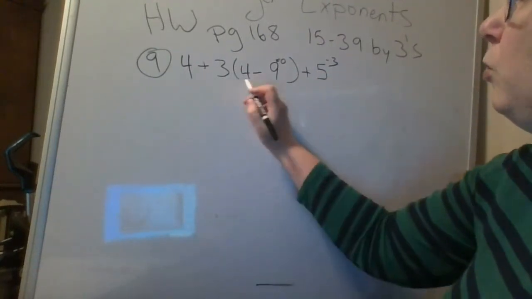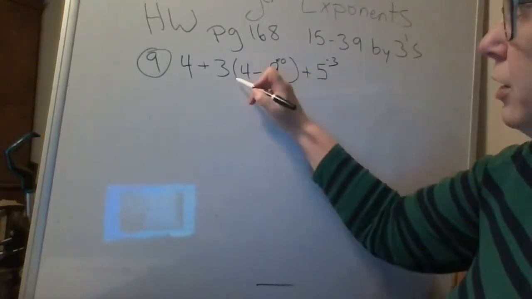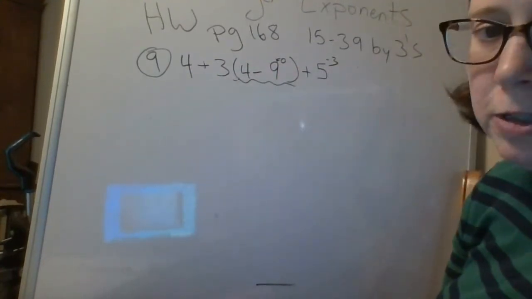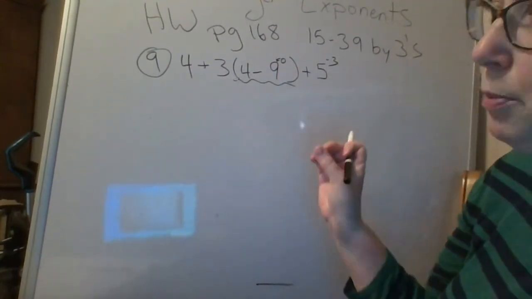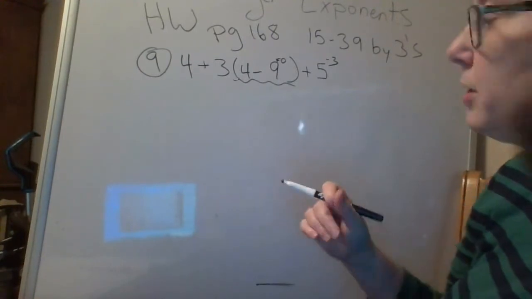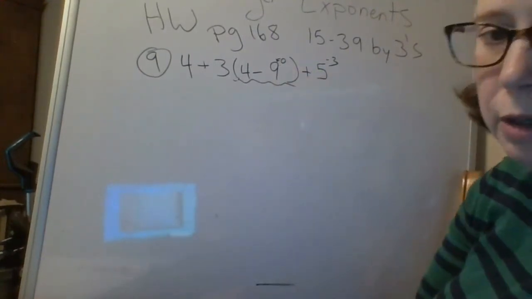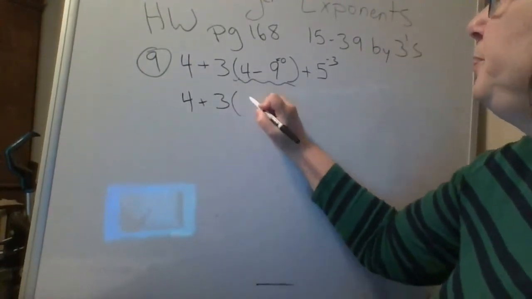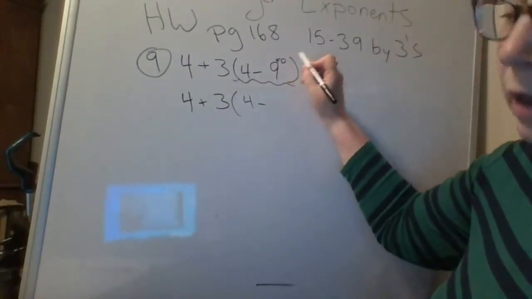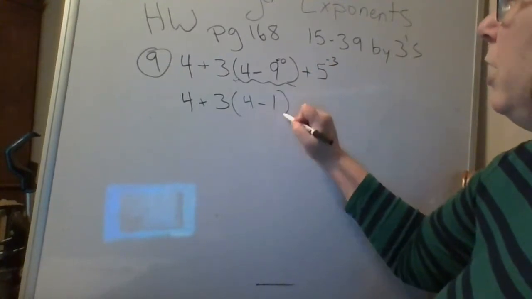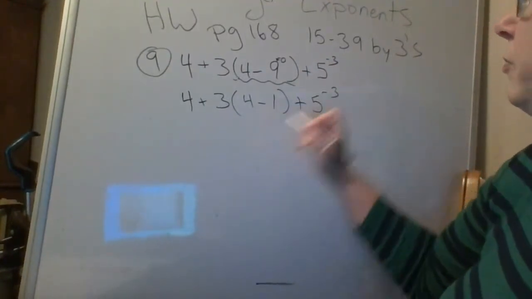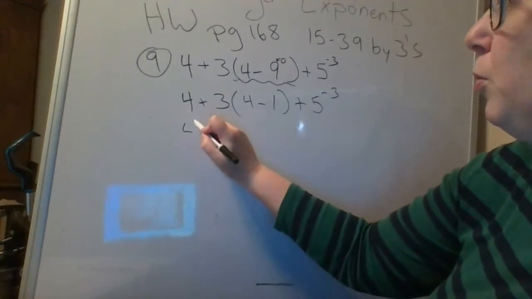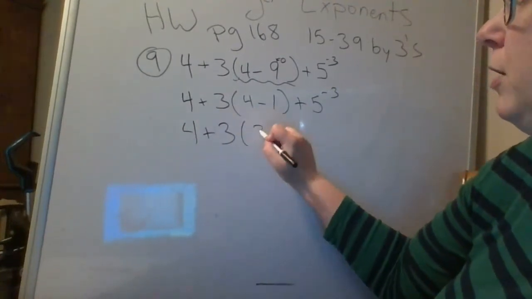So when we think about our order of operations, and we need to do these parentheses first, within the parentheses there are no other grouping symbols, but there's that exponent that we're going to have to deal with. So we would say anything to the power of 0 is 1. Now I can finish up what is in my parentheses.